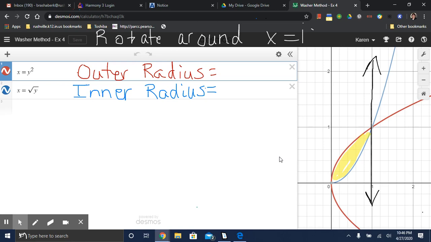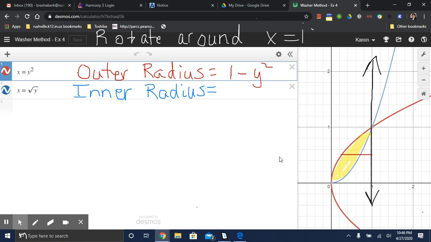So when we look at the outer radius for this, we want to start at the axis of revolution and draw all the way through the region to where the region stops. And so this will be the axis 1 minus the red curve, which is y squared. Notice that it's vertical, so we had to solve it for x.